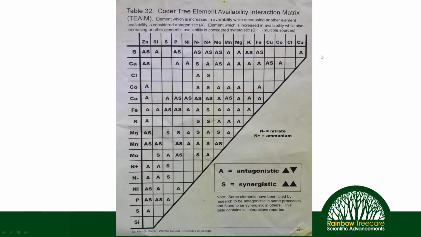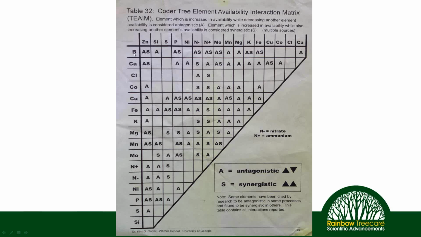Now this chart I will explain. When this was presented to me by Dr. Kim Coder at an ISA, a Southern Chapter ISA conference a few years back, this just about blew my mind. So what this chart is summing up is, here are our different soil nutrients. And in some cases, two soil nutrients together on a soil particle will actually be helpful.